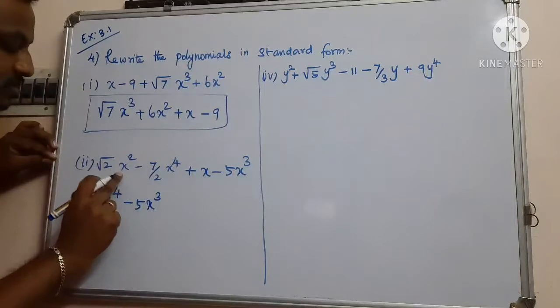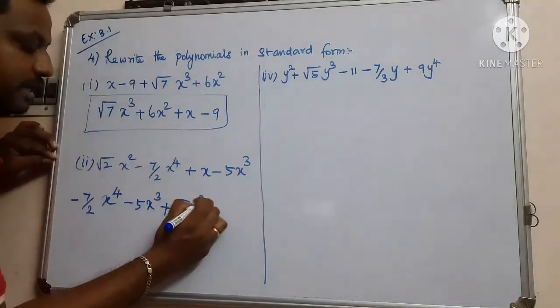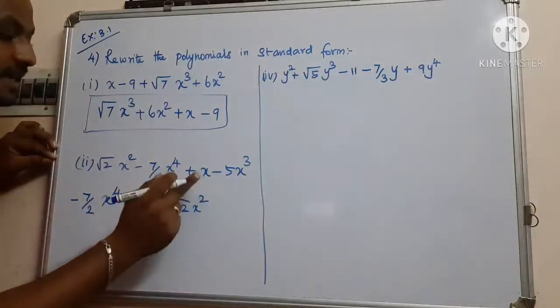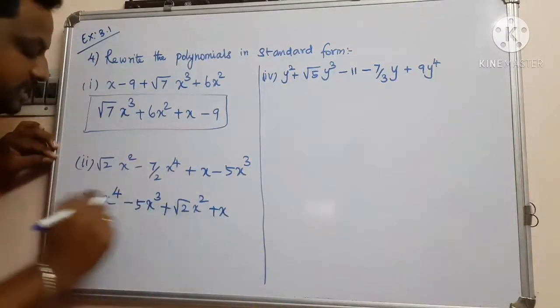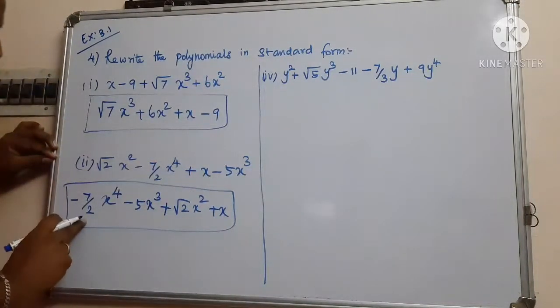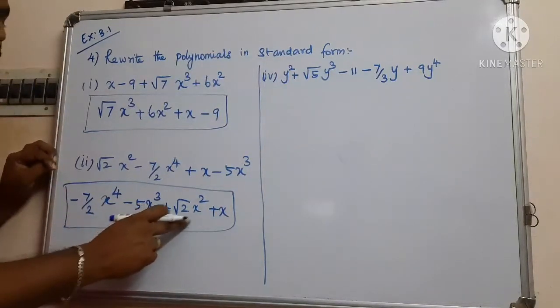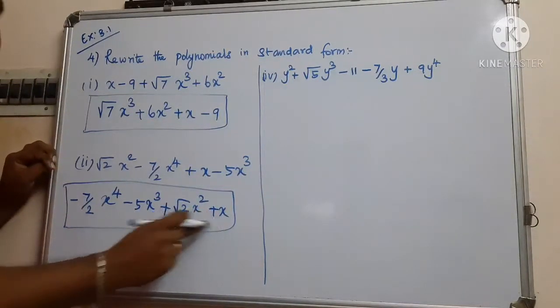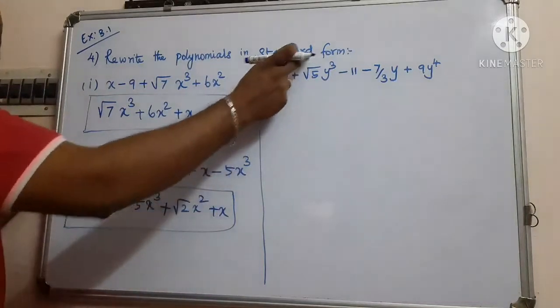The next term is x square, that is plus root 2 x square. Then the x term, plus x. There is no constant here, so just leave it. So minus 7 by 2 x power 4 minus 5 x power 3 plus root 2 x power 2 plus x. So 4, 3, 2, 1: it is in order, and that is called standard form.